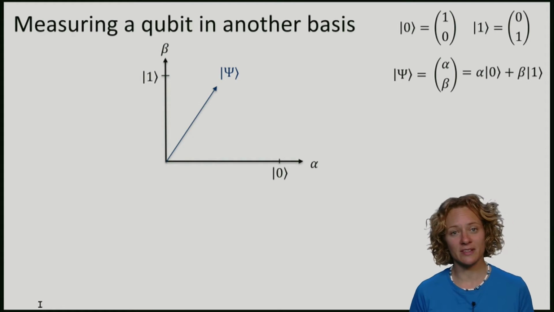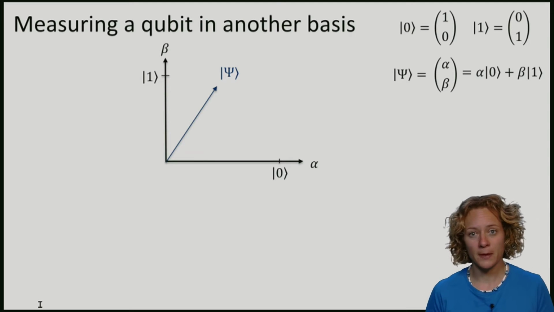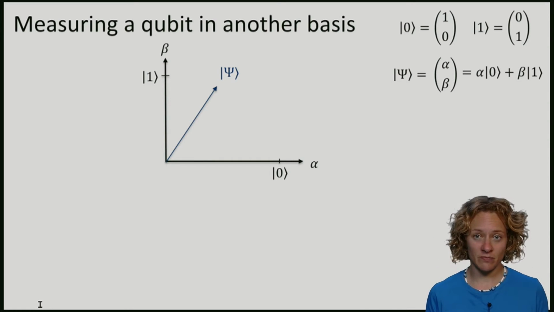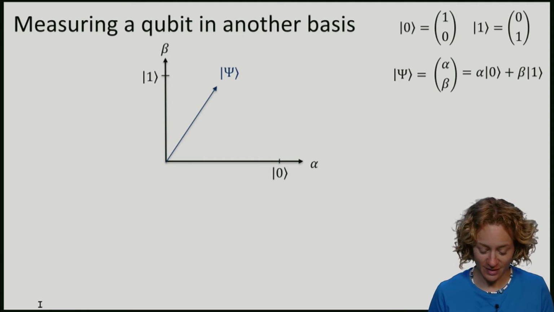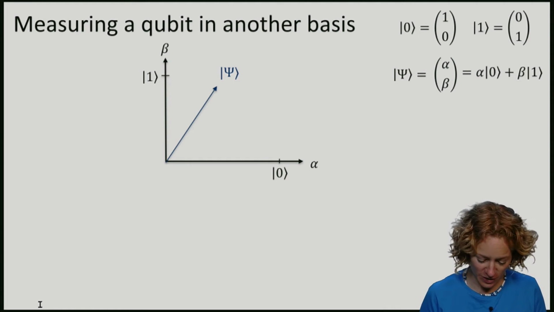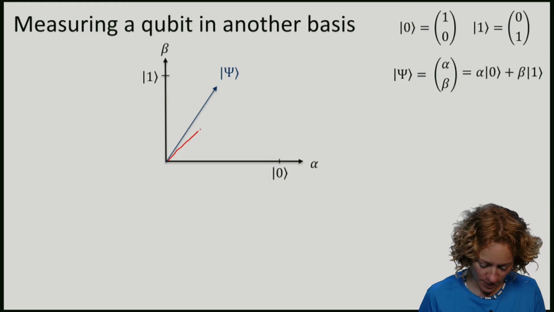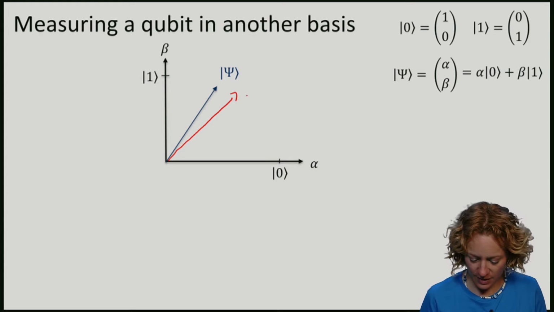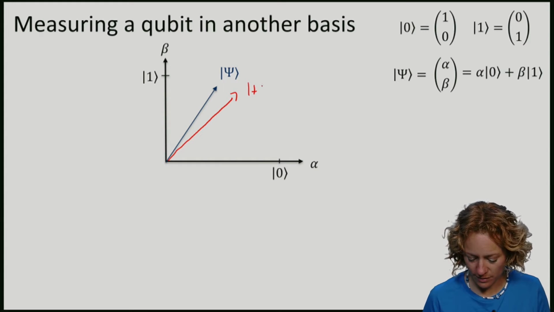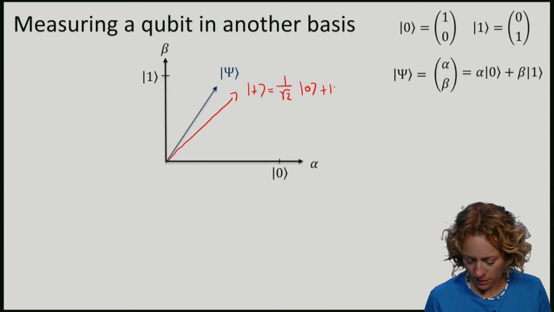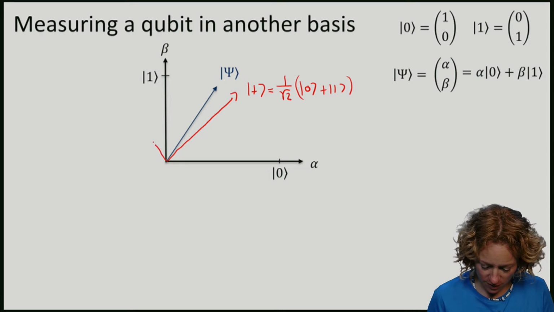Apart from the standard basis, which we've already seen, there's another basis, which we've sneakily seen a few times, which I will draw here. And this basis is given by the state plus and the state minus.